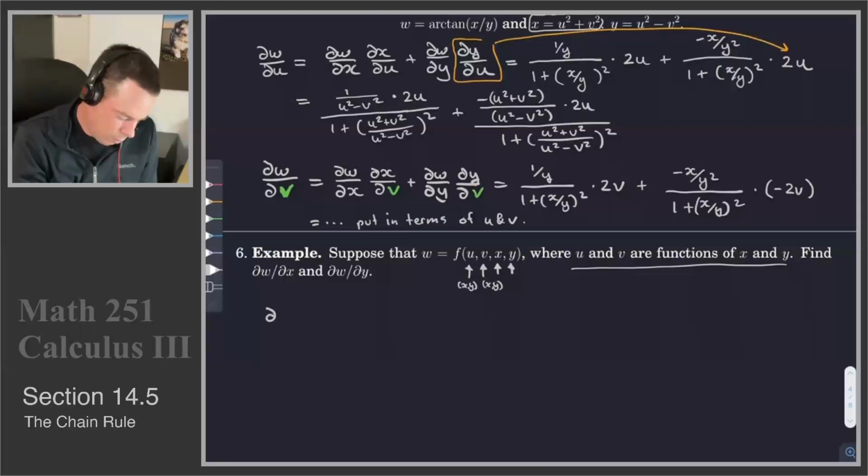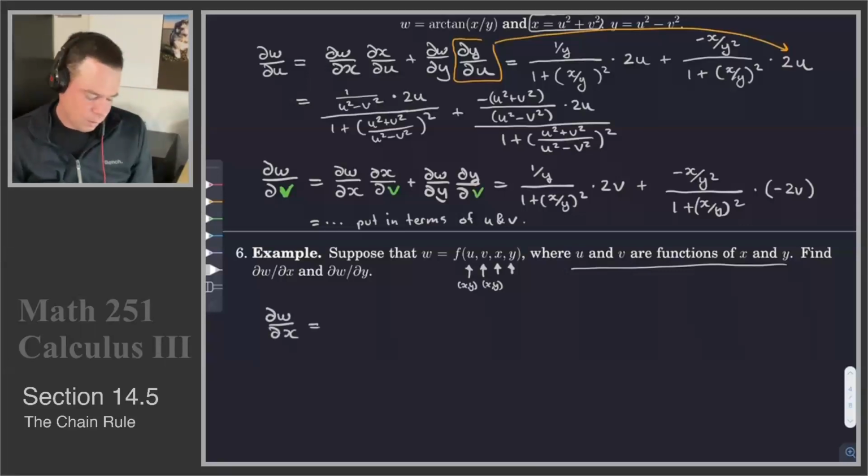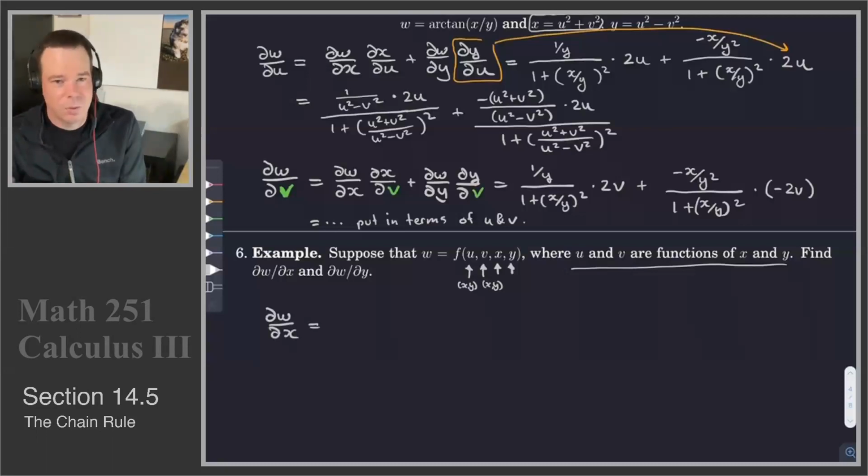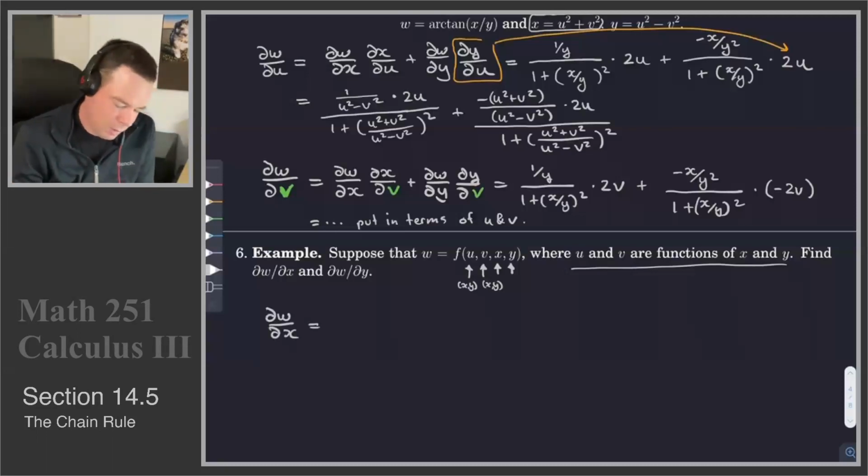So we want to know what is dw dx. The function is f, and we've got its inner variables, which are the intermediate ones, which we're ultimately going to differentiate with respect to x's and y's. So here's our pattern. The derivative of w with respect to x is the derivative of the outside function f with respect to its first intermediate variable, u, times du dx.